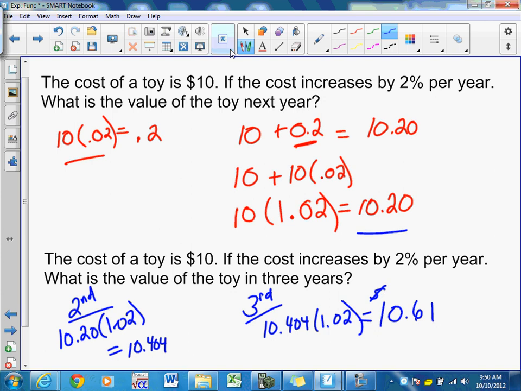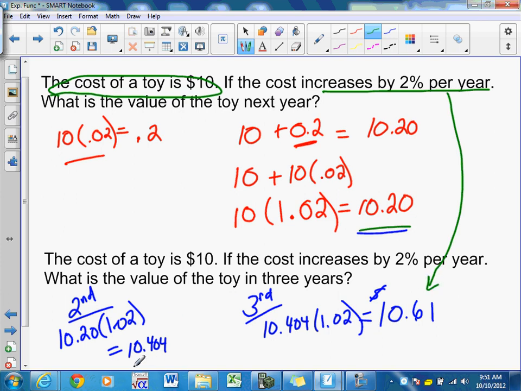Now, let's say I go all the way back to the beginning. I have $10 right now, it increases 2% a year, and I want to go right to year 3. I don't want to have to figure out what it is after year 1, then after year 2. But if you think about it, all I did each year was multiply by 1.02. So I just took 10 times 1.02, 1 time, 2 times, 3 times, which is the same as just cubed.